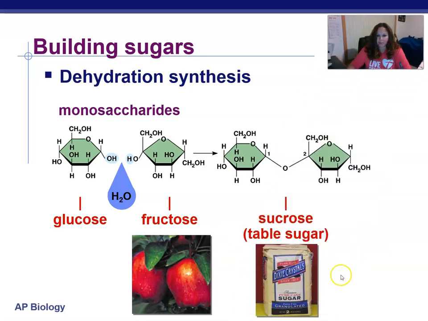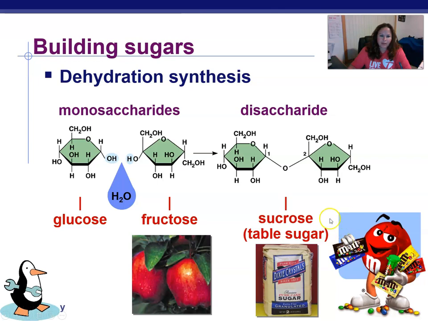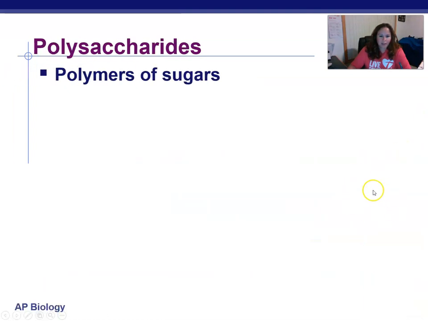Just plain old white table sugar. This type of sugar and fructose we find in fruits and candies and table sugar. So again, a monosaccharide is one monomer, one simple sugar. Disaccharide is two monomers linked together. And a polysaccharide is when there's many.